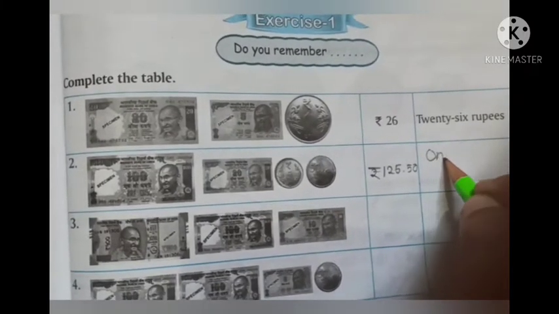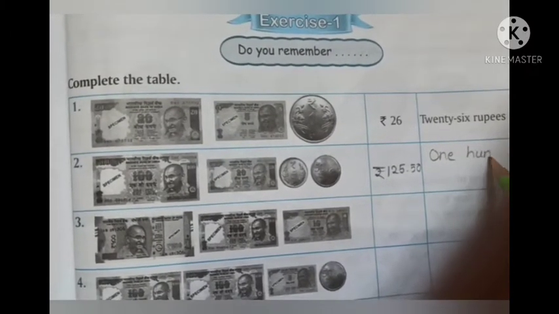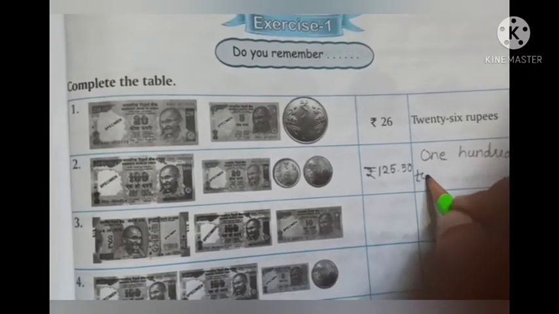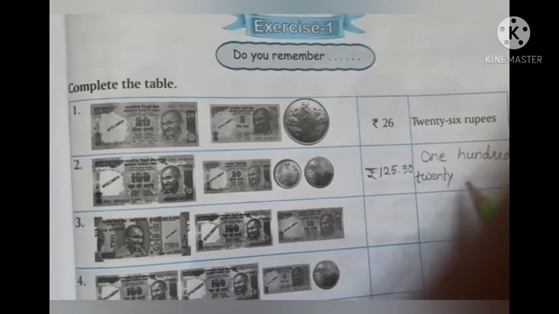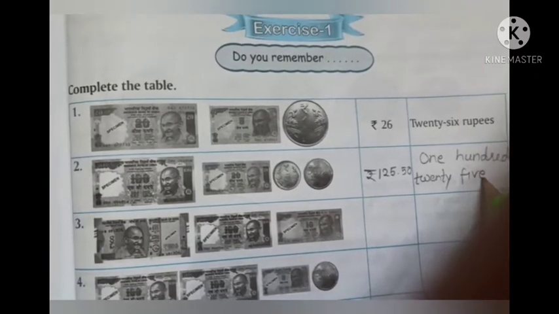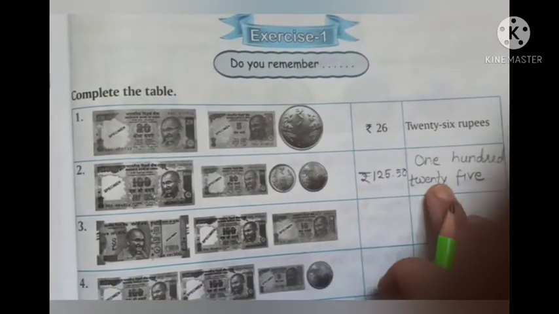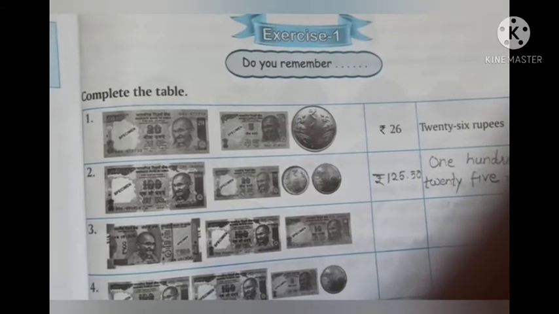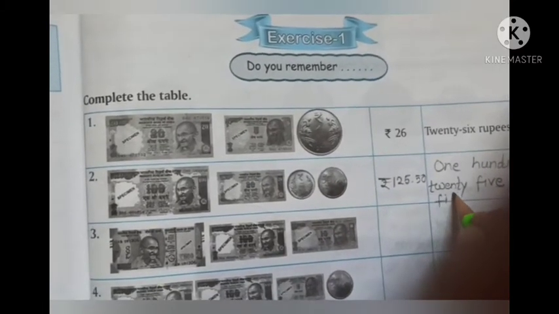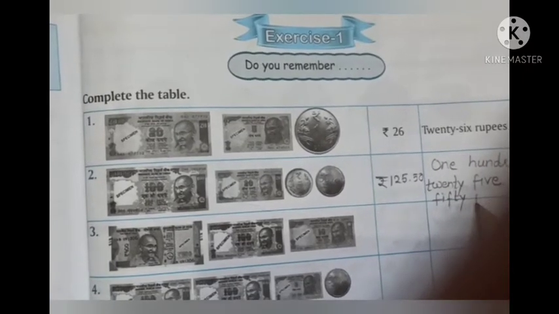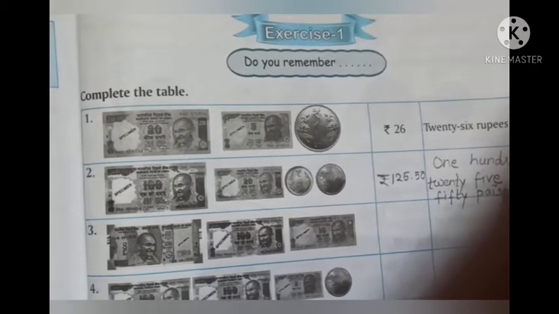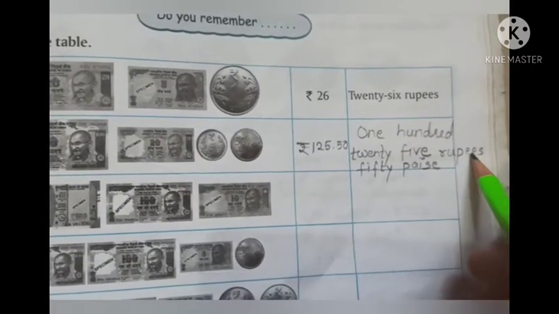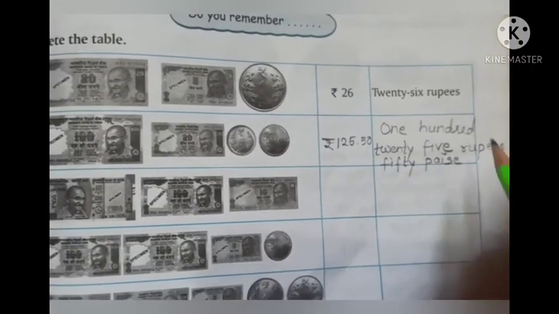We will write it 125 rupees and 50 paise. So you can see here 125 rupees 50 paise.